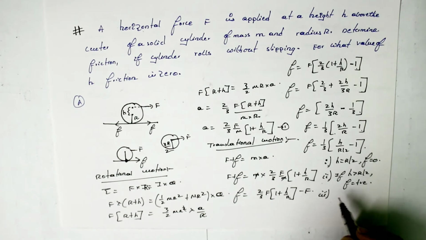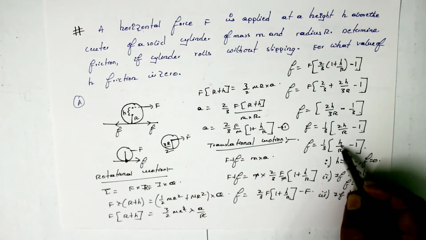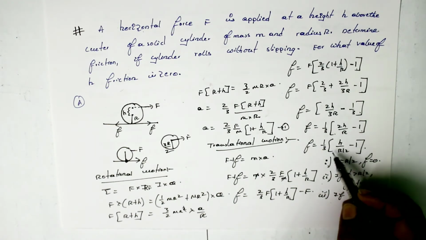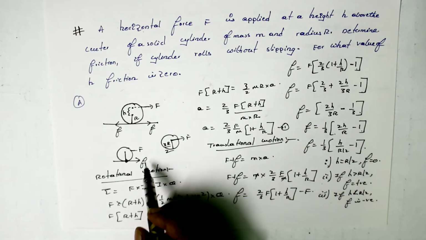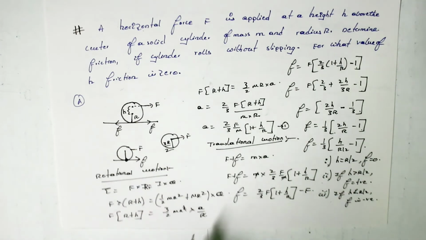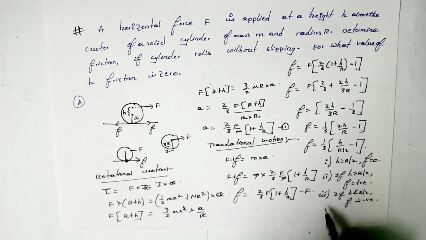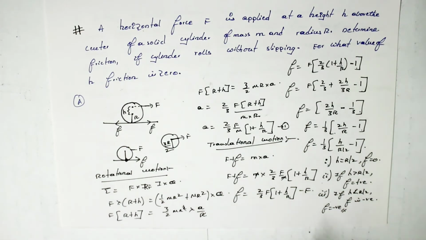Similarly, the third condition: if H is less than R by 2, then H by (R by 2) is less than 1, so this value minus 1 will give negative friction. So if the point of application of force H is less than R by 2, then friction changes its direction; my assumed direction of friction will become false. So these are the different conditions for which friction acts in different directions.